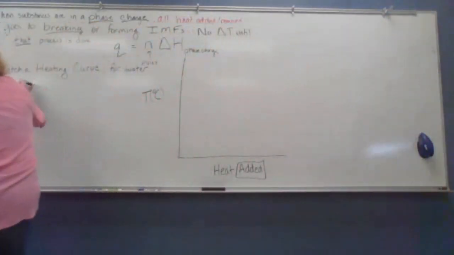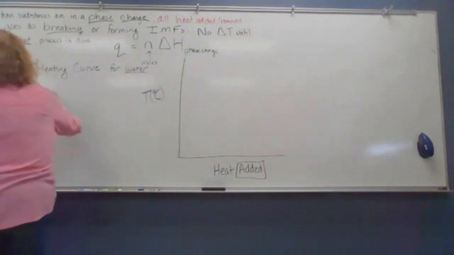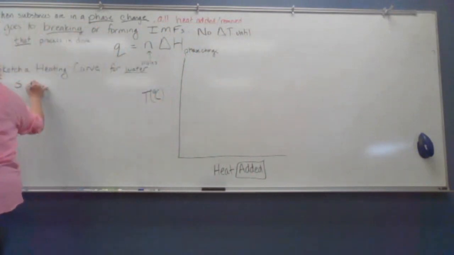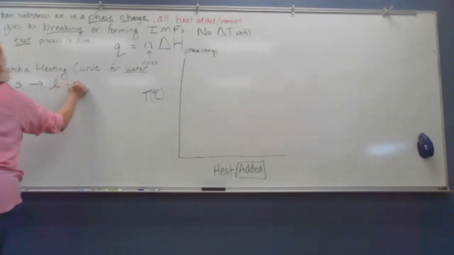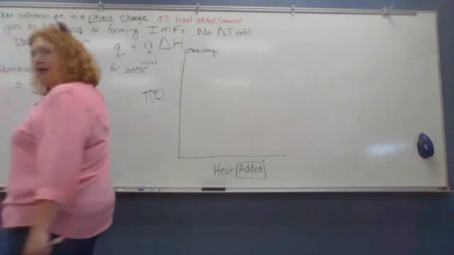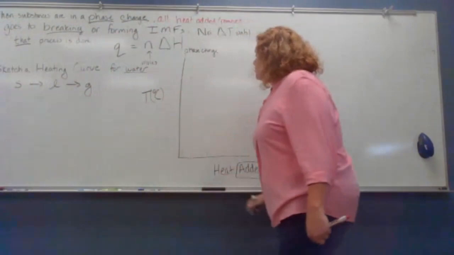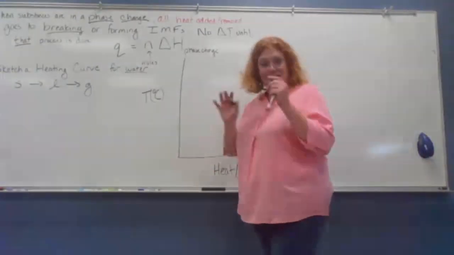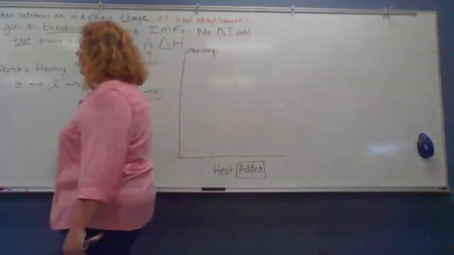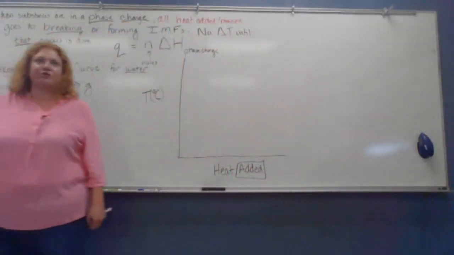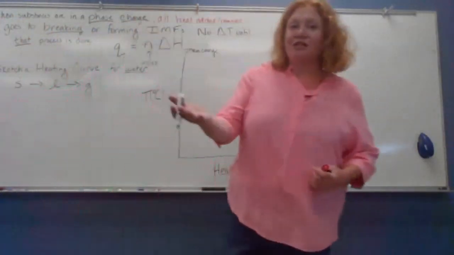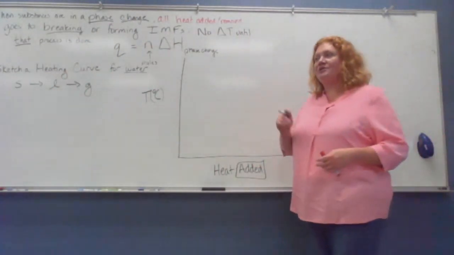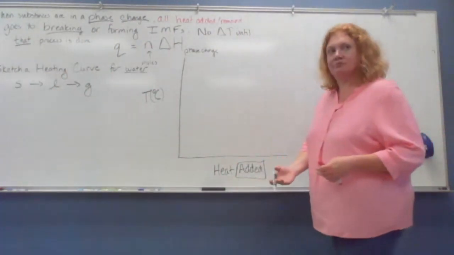Again, we're doing this for water. Show me the 3 phases of water. Show me solid, going to liquid, going to gas. Okay? So if I start with water as a solid, and it's in a single phase, what should I see happening to the temperature as I add more heat? If I have just ice and I'm just heating it in my hand, what happens to the temperature of the ice?